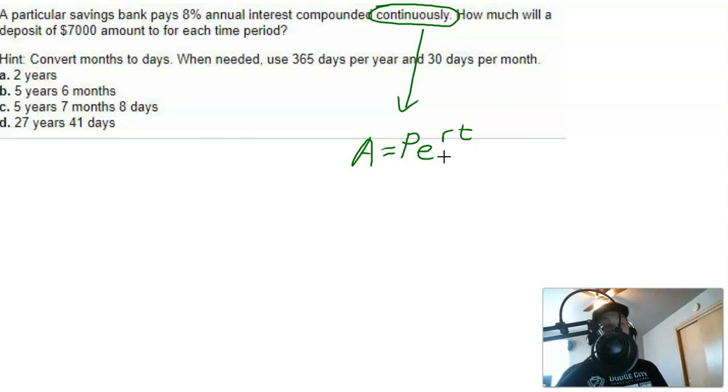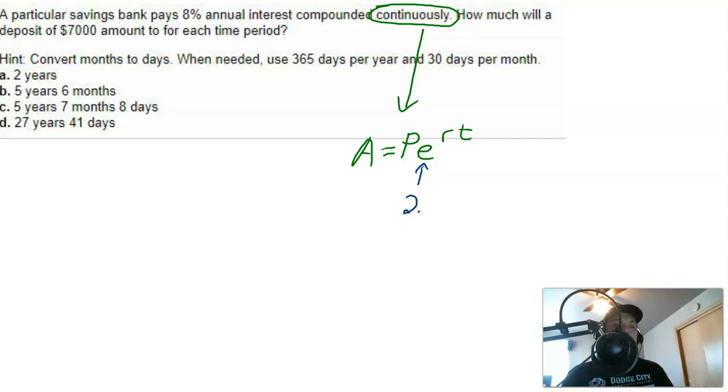Notice n is not part of this formula anymore because we're compounding it infinitely many times. What is now part of this formula is e, which is not a variable. It's a letter, but it's like pi. Pi is a Greek letter, and it represents the number 3.1415... e is functioning in the same way here. e is representing a number that has a run-on decimal that we don't want to have to write out.